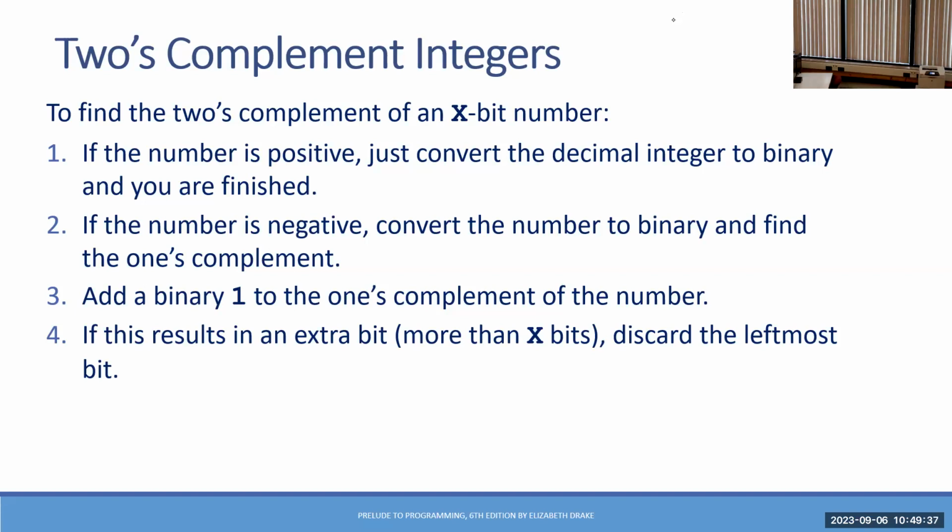The first thing, you have to convert the number to binary and take the one complement first. And you add the binary number 1 to the one complement of the number. That's the second thing. And if the result has an extra bit, or overflow here, right? You have to discard the leftmost bit here. That's all.